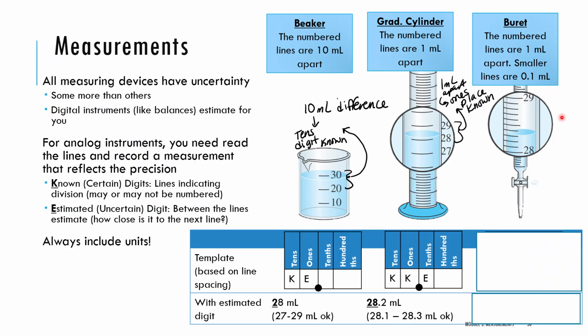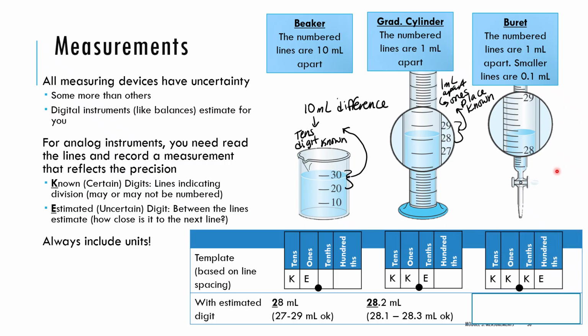Now let's consider the burette shown. The numbered lines are at 28 and 29 milliliters, and the lines between them represent tenths of a milliliter. This means the tens, ones, and tenths place are known, and the estimated digit is in the hundredths place. The template for this measurement is KK period KE.